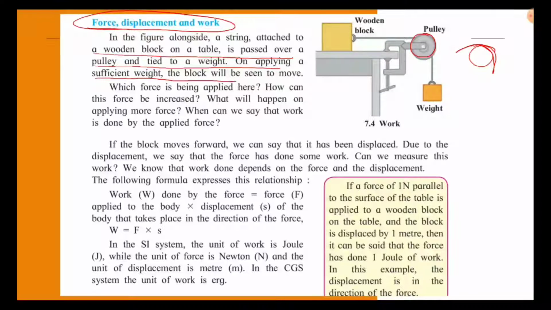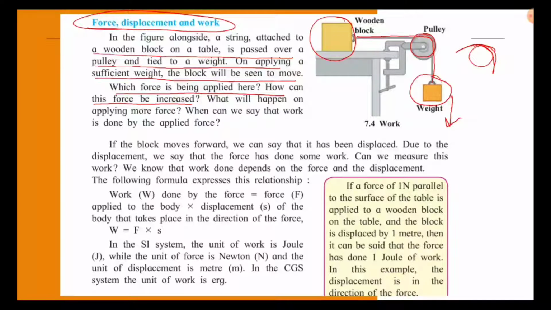With sufficient weight, the block will be seen to move. Which force is being applied here? How can this force be increased? Look here, we have attached a weight, and this weight is connected with a string to a block. So this wooden block will start moving. Why will this wooden block start moving? Because this weight is directed downwards.